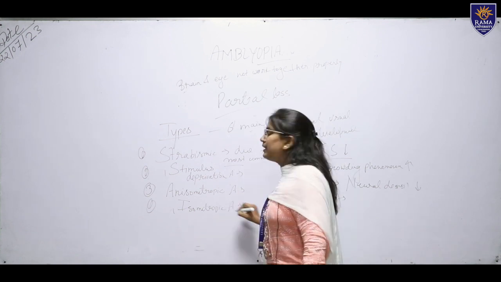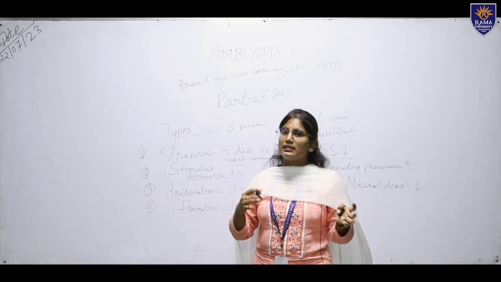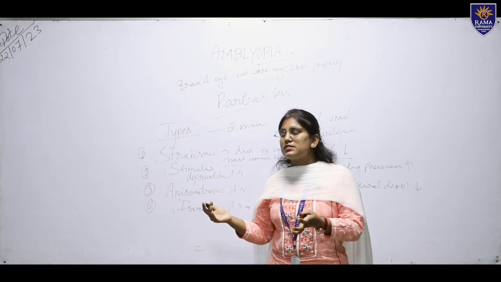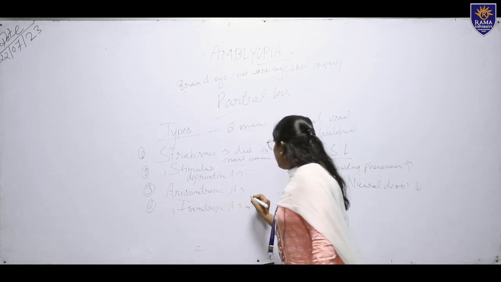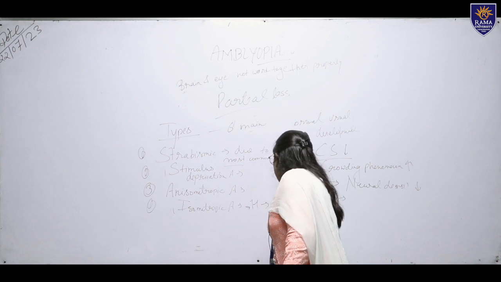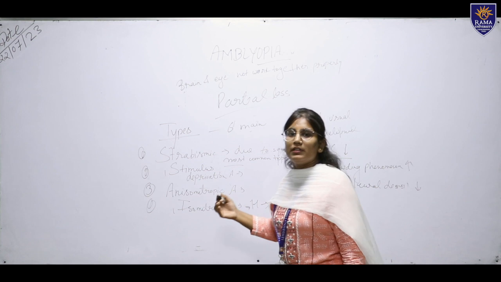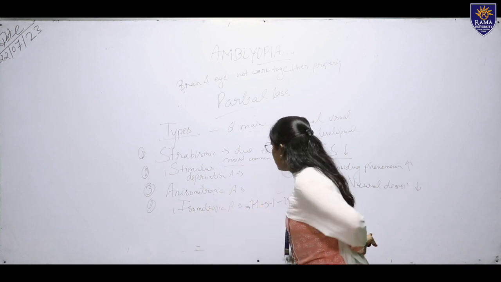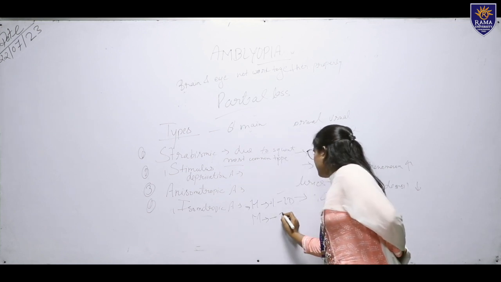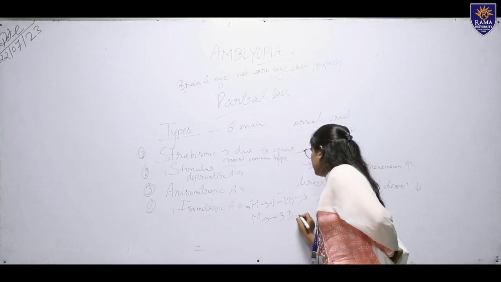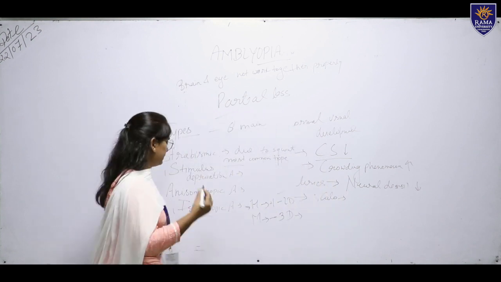One eye is highly hypermetropic compared to the other eye, or one eye is highly myopic compared to the other eye. That means hypermetropia of plus 1 to 2 diopter develops isometropic amblyopia, and myopia of minus more than 3 diopter develops isometropic amblyopia.